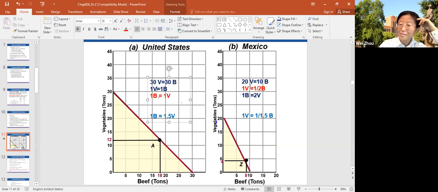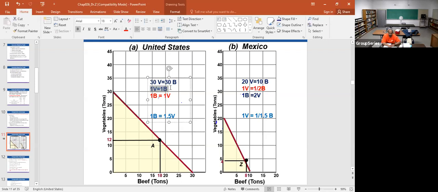Think about that. Mexico, if they want to produce a vegetable, they only need to give up half of beef. But for American, they need to give up the whole unit of beef, right? So in that case, it costs less beef on Mexico to produce a vegetable. That makes sense, right? Yes.